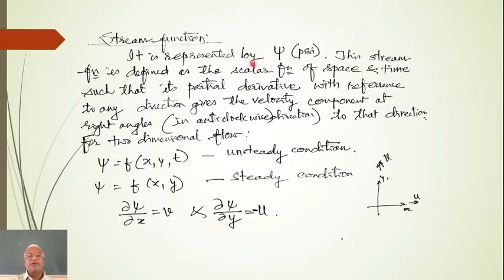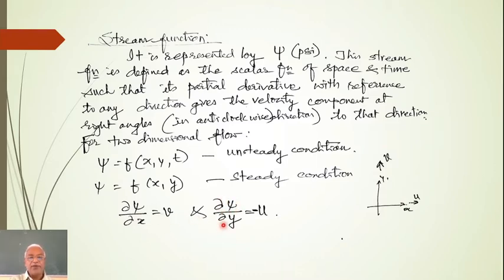Now as per the definition, if I take the partial derivative with reference to any direction, it gives the velocity component at right angles. If I take dou psi by dou x, partial differentiation with respect to x, it gives you the velocity perpendicular to that direction in anti-clockwise manner at 90 degrees, so that is v.